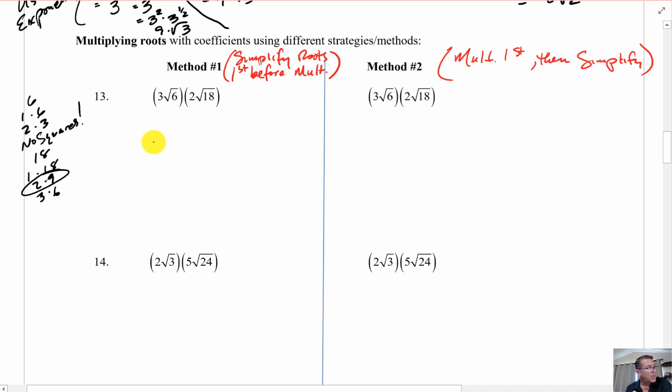But there's a factor of 6 here too, so instead of using 2 and 9, I'm going to scratch that and use this one because I see a 6 over here. So watch this. 3 root 6.